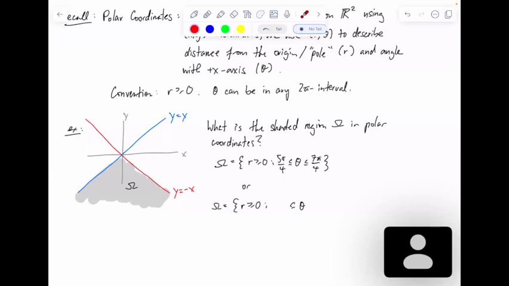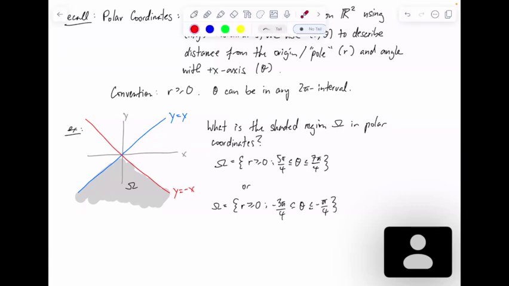In that choice, you could describe this angle here as making minus 3 pi over 4 radians with the positive x-axis, and this angle here being minus pi over 4, minus 45 degrees with the positive x-axis. So you could equally well describe this region as theta from minus 3 pi over 4 to minus pi over 4.